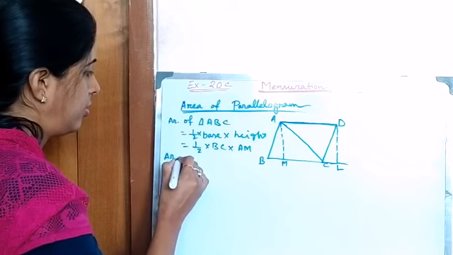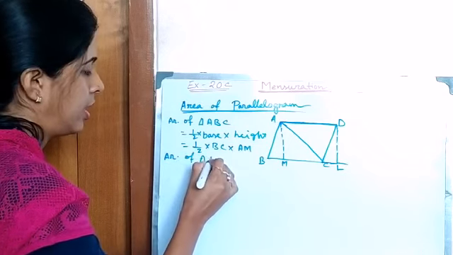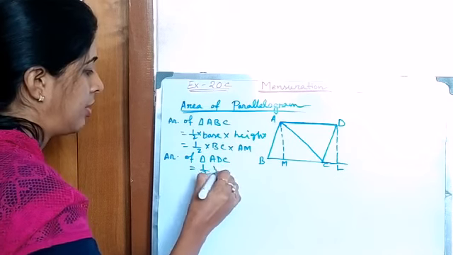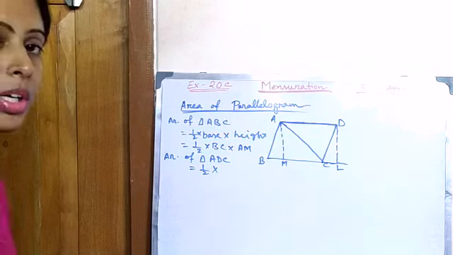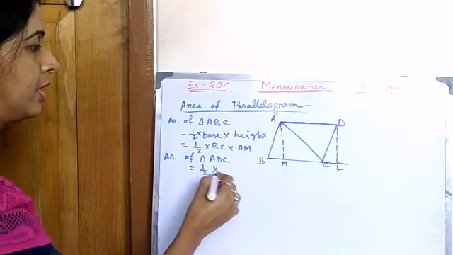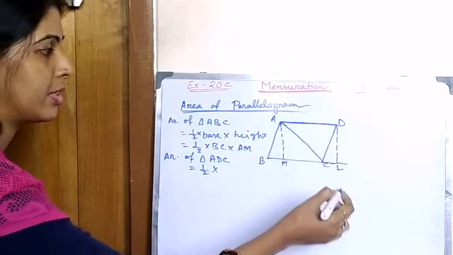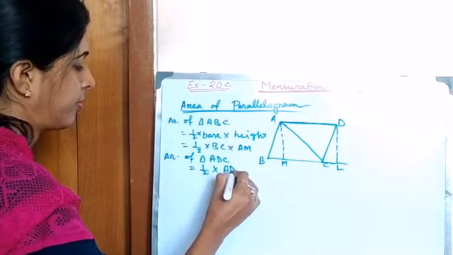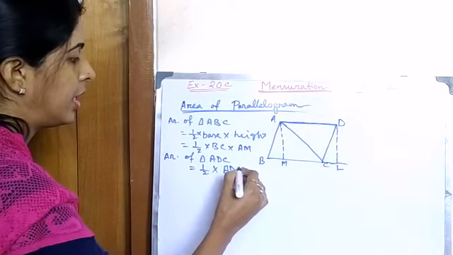Now I will find out the area of triangle ADC, that is half into, I will not write the formula again. Here I will directly write the names of the base and height. The base is AD, the height is DL.